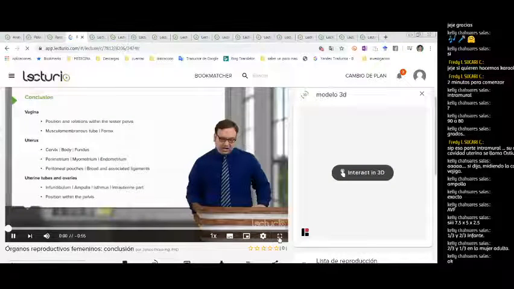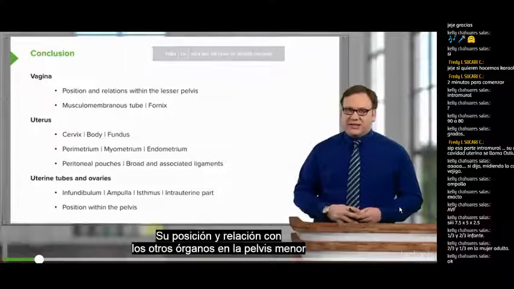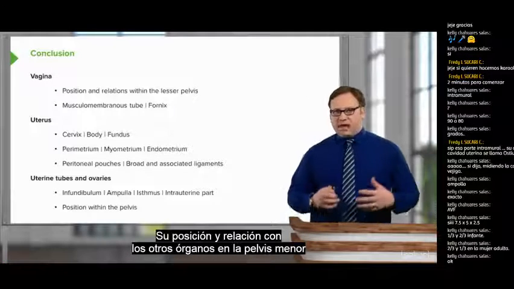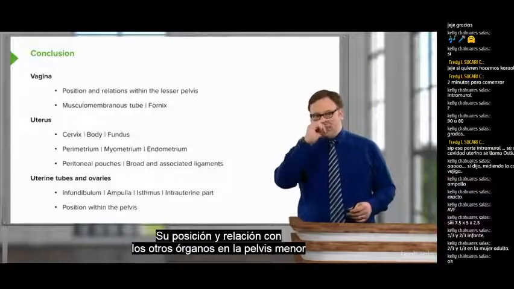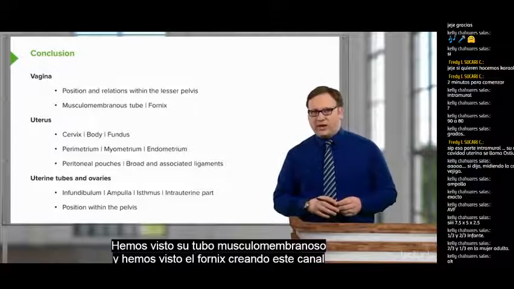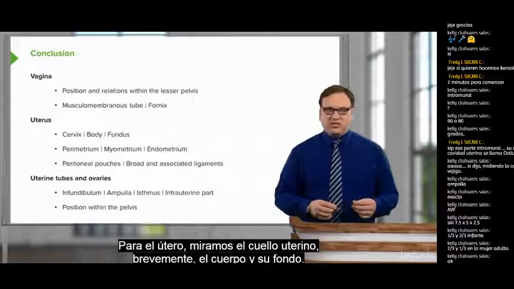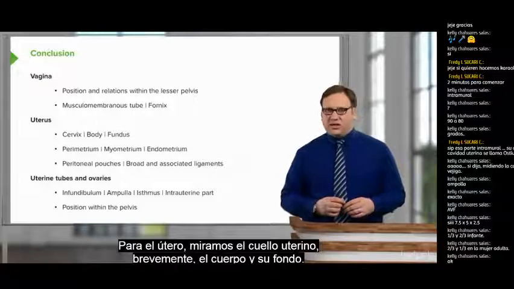So in conclusion, we've looked at the female reproductive organs, we've looked at the vagina, its position and relationship with other organs in the lesser pelvis. We've looked at its muscular membranous tube, and we looked at the fornix, creating this gutter around the cervix. For the uterus, we looked at the cervix briefly and the body and its fundus.